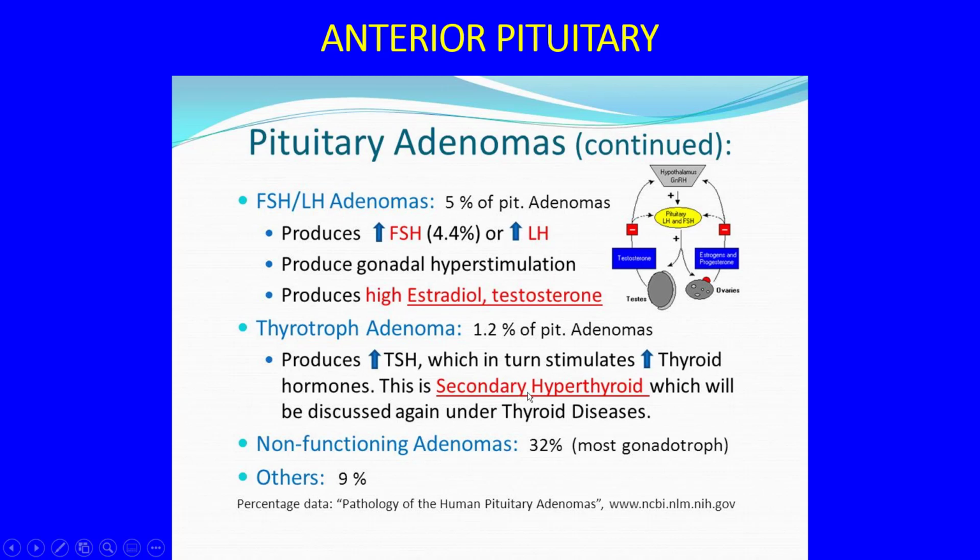And this is called a secondary hyperthyroid condition. It will be discussed again when we get into thyroid diseases. In other words, this is not the primary cause for hyperthyroidism. It's a secondary cause. There are also those non-functioning adenomas. Mostly they start off as a gonadotroph. They're about 32%. Others are about 9%.